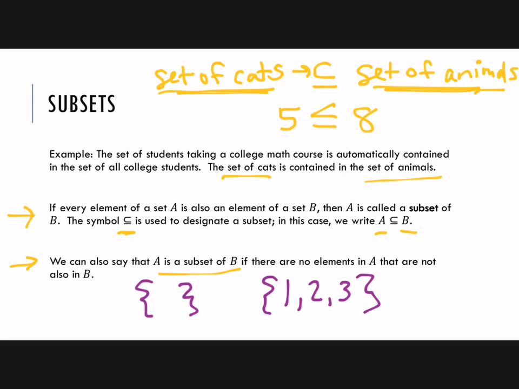But if you look at the second one, there are no elements in A that are not also in B, that makes a little more sense. There's nothing in the first one that's not in set B. It's weird just because there's nothing in there. You may also just want to memorize this fact that the empty set is a subset of other sets.